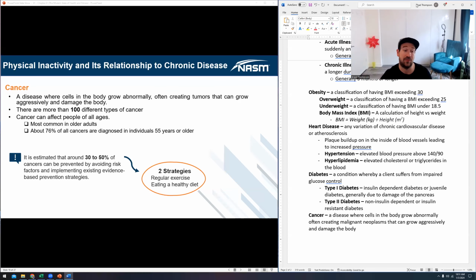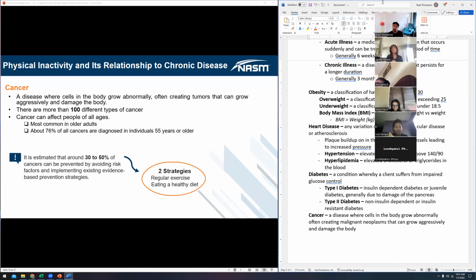So there are more than, it's right there in my PowerPoint slide. It is definitely more than 50. There are more than 100 types of cancers out there. So oftentimes this affects older adults. However, in other varieties, this can happen at really any age.